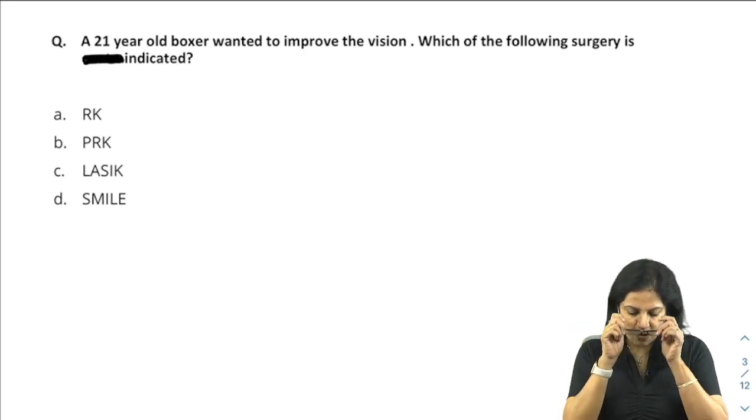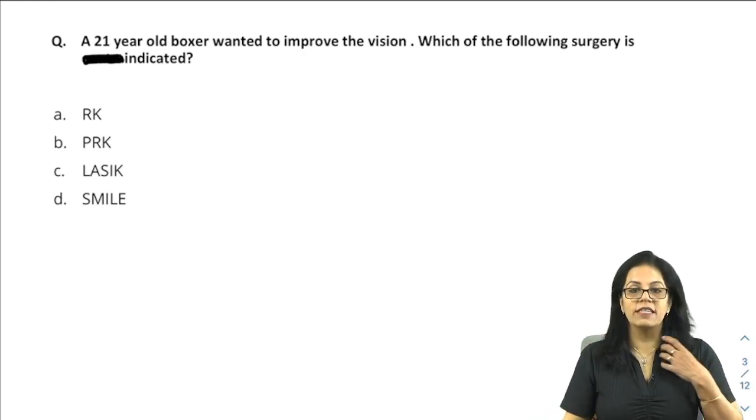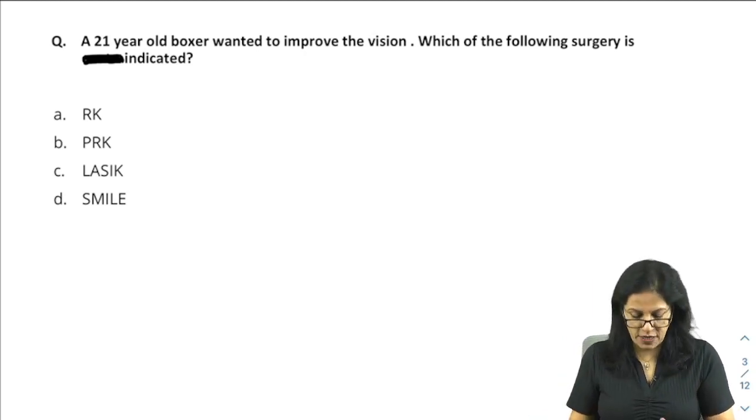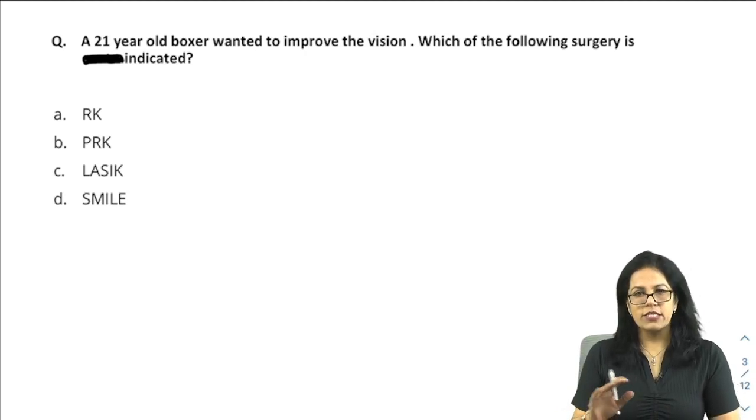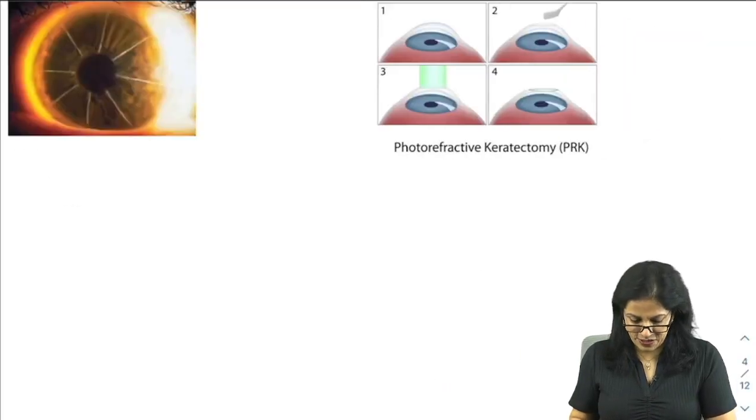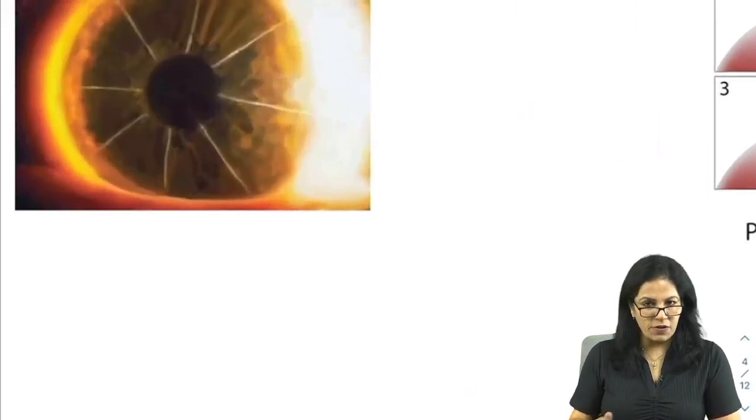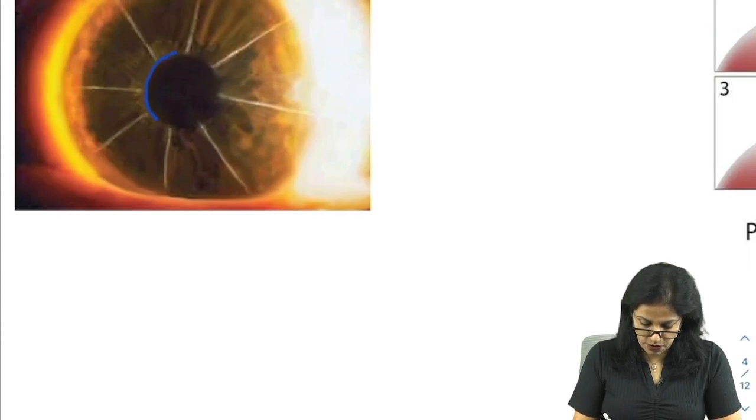One by one, when you talk about the boxer, which refractive surgery is recommended, let's first of all understand these four options. First is RK. Everybody knows it stands for radial keratotomy. Now it's obsolete, but you still have to know the surgery. What is radial keratotomy? If you look here, the central optic zone of the cornea is left. Nothing is done here.